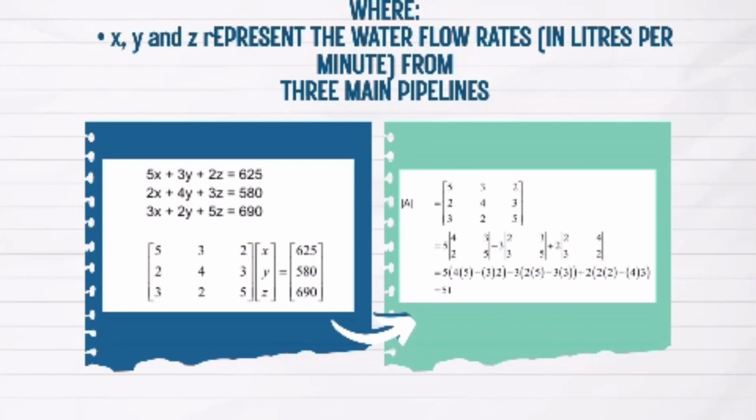From the 3x3 bracket that we've got, for the first section, you take the top left number, which is 5, put it outside, and put a modulus sign with the 4 numbers from the bottom right corner, which is opposite of the number 5. We can see 4, 3 and 2, 5. So put them in between 2 modulus lines. Next, we have to put a negative, as the operation and the formula dictate.